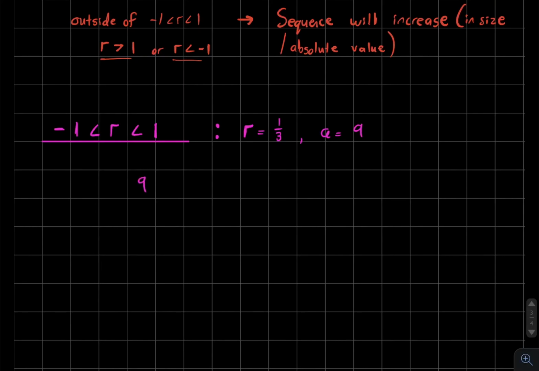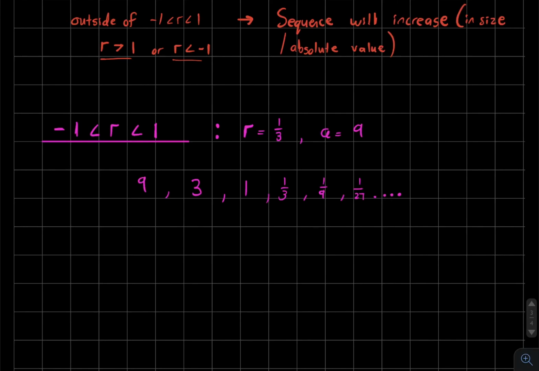Our first term would be 9. Second term would be 9 times 1/3, which is 3. Our third term would be 3 times 1/3, which is 1. Fourth term would be 1 times 1/3, which is 1/3. After that, we get 1/9, 1/27, and so on.